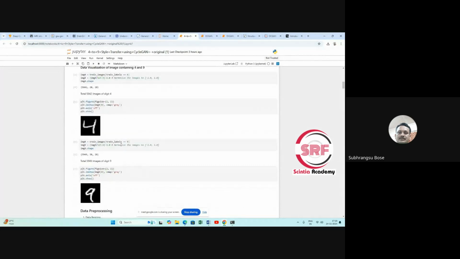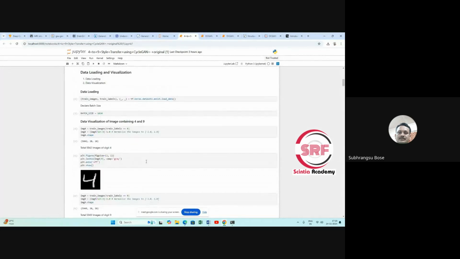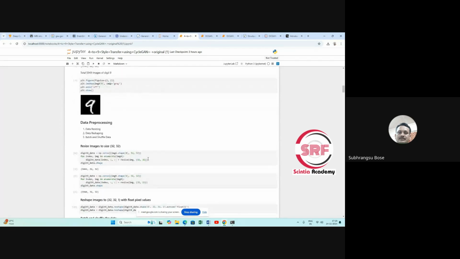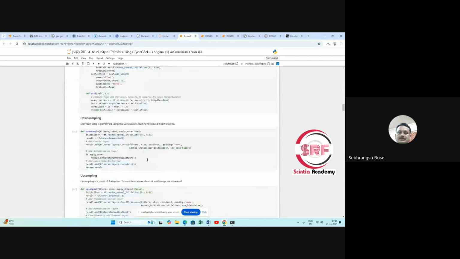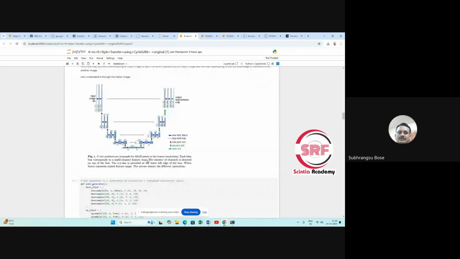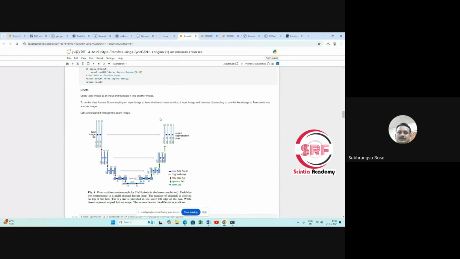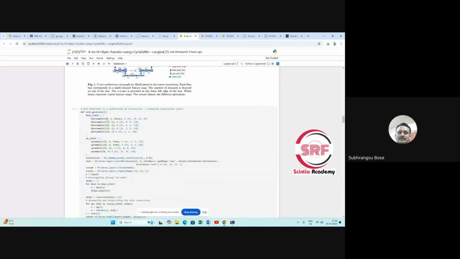Just see the algorithm. This one is the structure, with upsampling and downsampling, the cycle GAN generator.